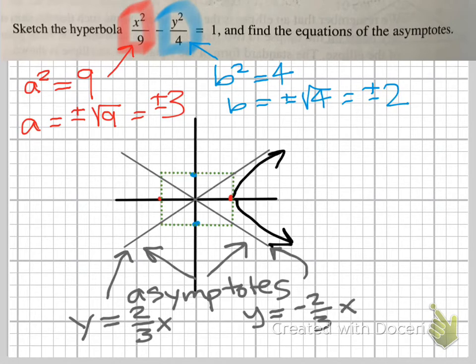And then finally, we graph the hyperbola. The graph always goes through the vertices that we already identified with the red and the blue dots. And because x comes first, it's crossing the x-axis. So it is a horizontal hyperbola. Let's do another example.